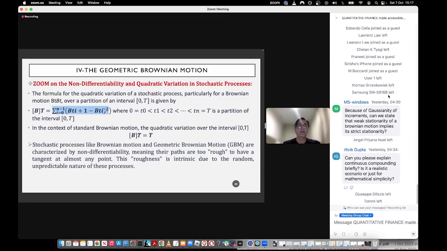Here, what is it? It's the difference between two Brownian motion values at time steps i plus 1 and i, squared. What does it mean? Be careful. Quadratic variation can give you a guess of volatility, but it's not the definition of volatility.